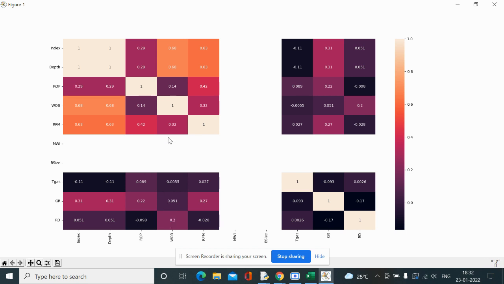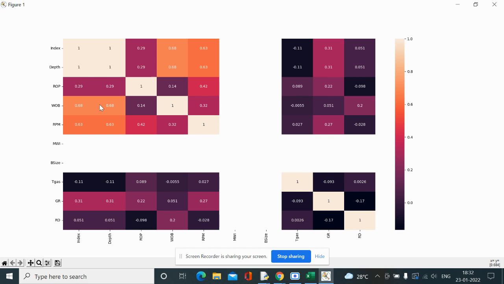ROP to weight on bit is only 14% correlation. ROP to RPM is 42% correlation. ROP to total gas is roughly 8 or 9 percent correlation. ROP to GR is 22%. ROP to resistivity is an inverse, negative correlation.